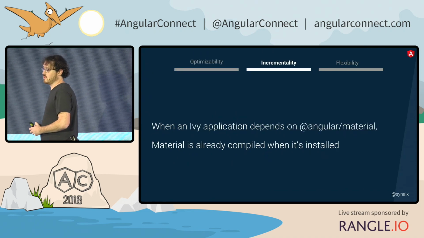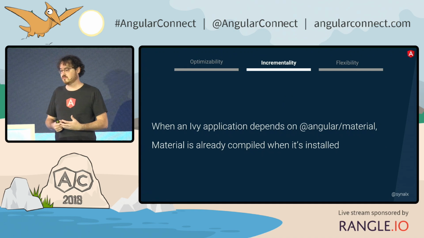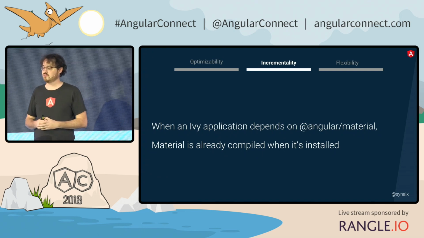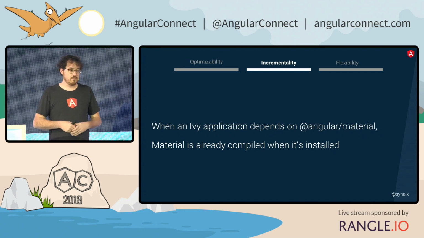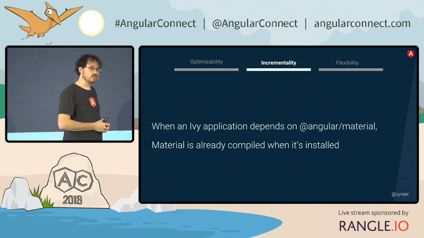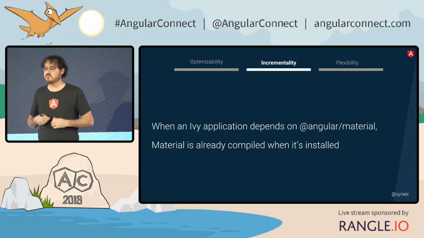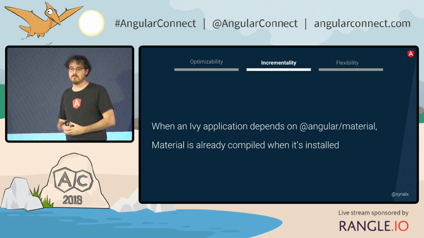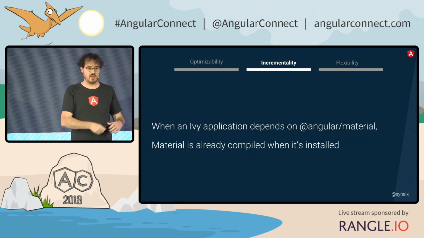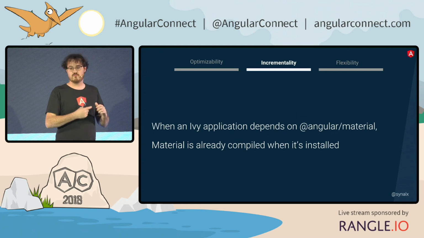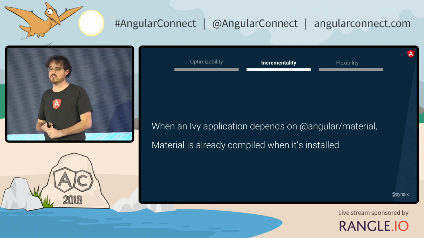The second goal that I talked about, second main goal for Ivy, was this thing called incrementality. We wanted to speed up the compilation process dramatically. Both of Ivy's previous renderers, the View engine and the template compiler before it, use something called global compilation. And what that means is when you typed ng build prod into the CLI, it would run TypeScript to compile your application.